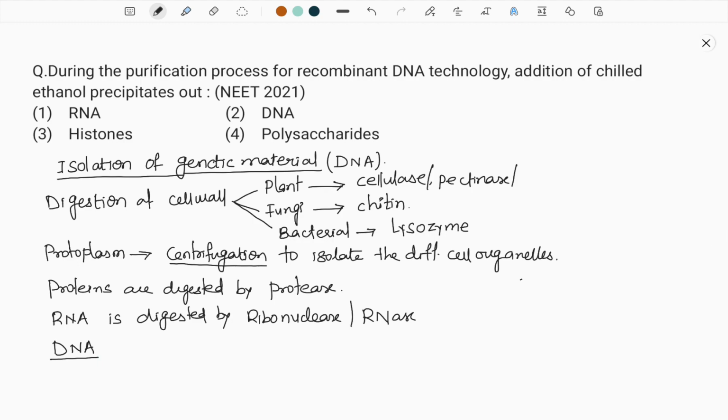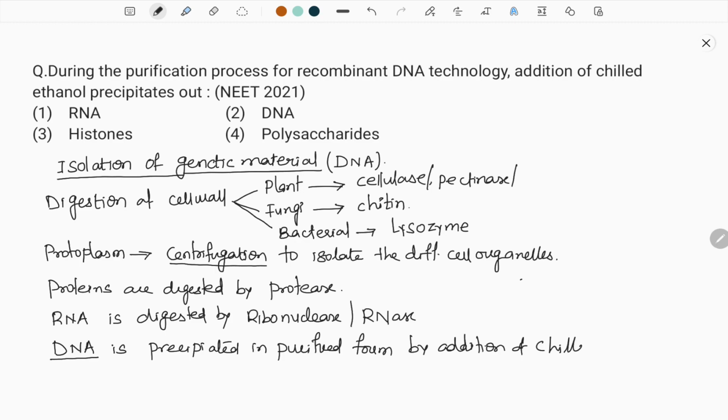So this DNA is precipitated in purified form by addition of chilled ethanol. Purified DNA can be precipitated by addition of chilled ethanol. Ethanol, we know, is ethyl alcohol. We have mention of ethanol in various forms.